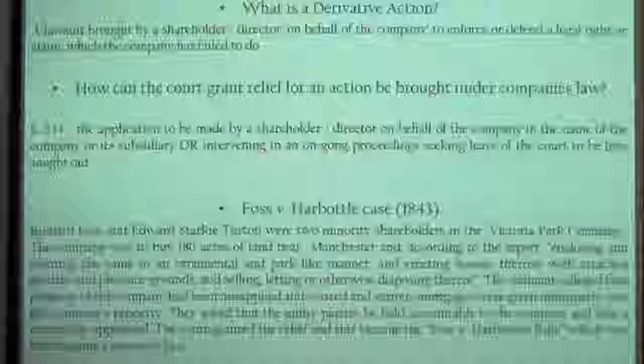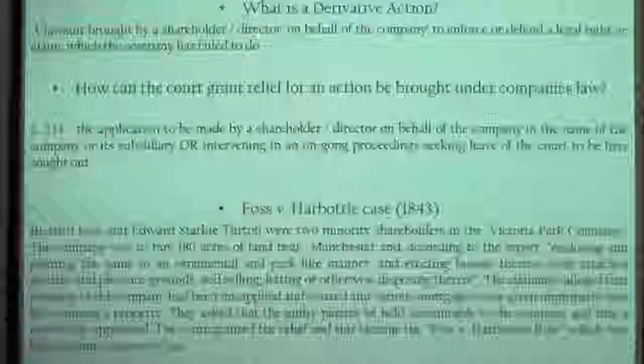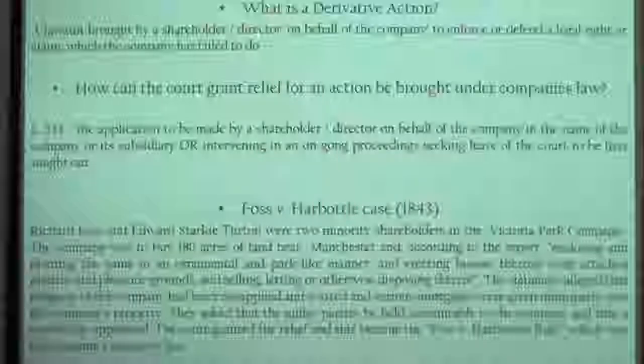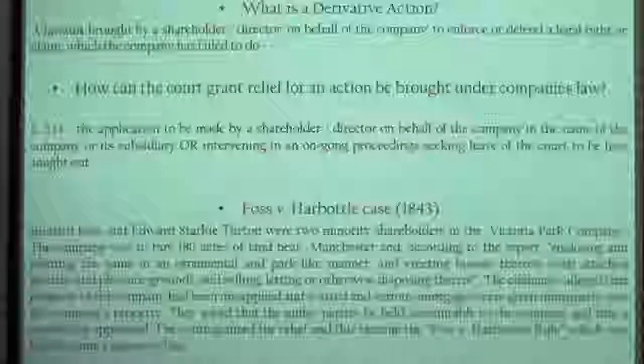So, a derivative action is in nature quite an equitable type of relief that is given to a shareholder or a director who has an interest in the company.